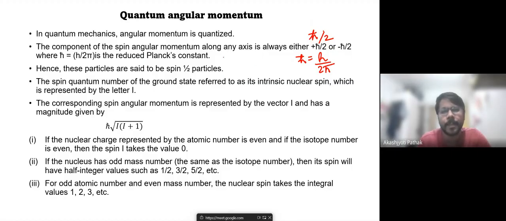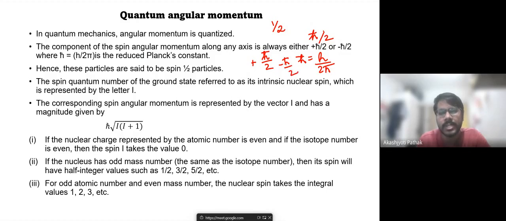So basically, what is happening over here is that we will talk about the spin quantum number. If a nuclei has a spin quantum number of half, then the component of the spin angular momentum can have two values. It will be either plus h bar by 2, or minus h bar by 2.